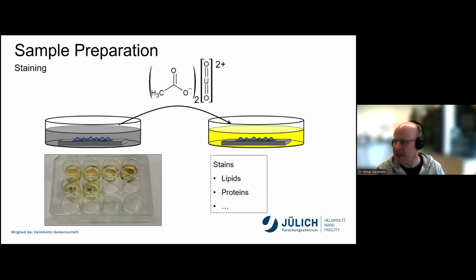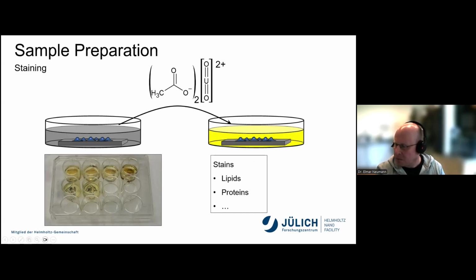Even though it is sometimes said it goes only to lipids or only to this or that, osmium tetroxide may be able to attack all kinds of double bonds, for example also carbonyl double bonds. So they're not very sensitive. You cannot use this kind of staining for identifying individual parts of a cell. It stains proteins and lipids.